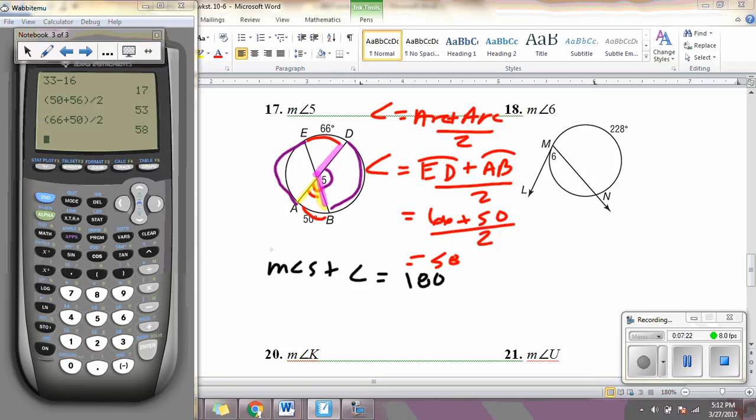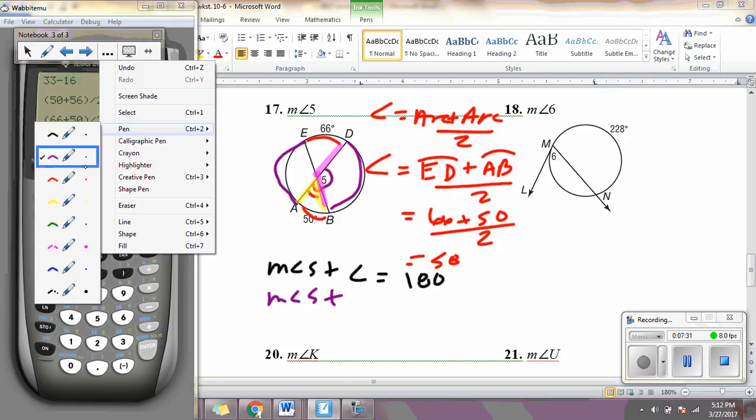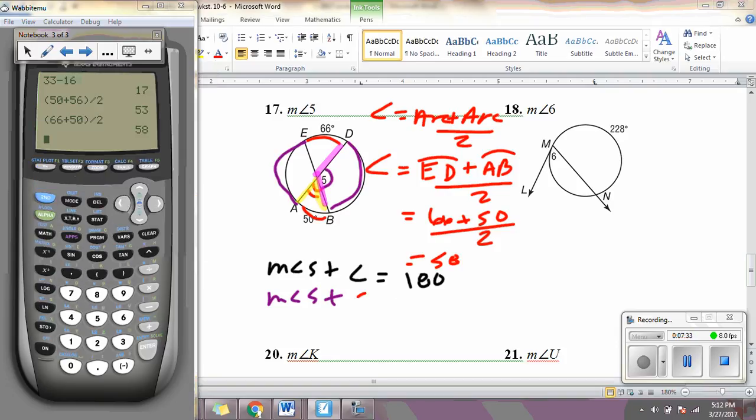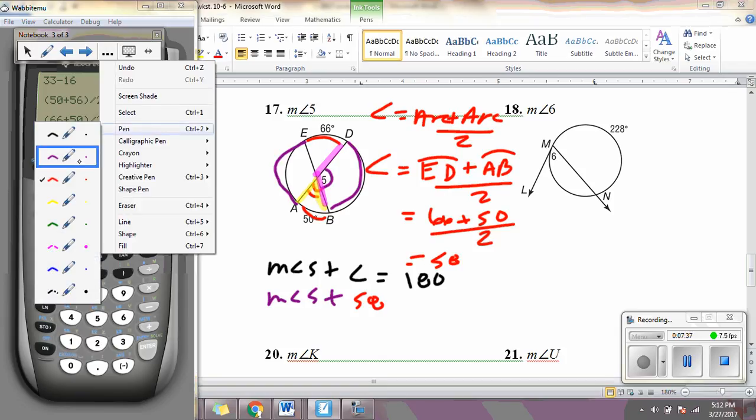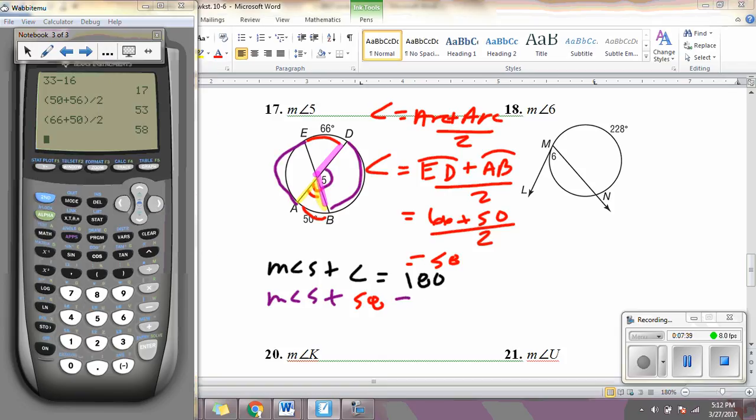So I'm looking for angle 5 again, plus the angle I just found is 58. And again, together they equal 180. So I would subtract 58 from 180 to get angle 5 by itself. And that's going to be 127.